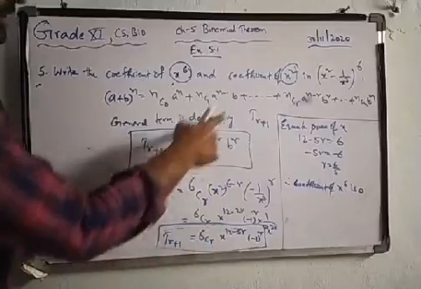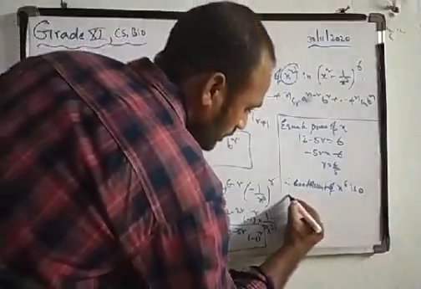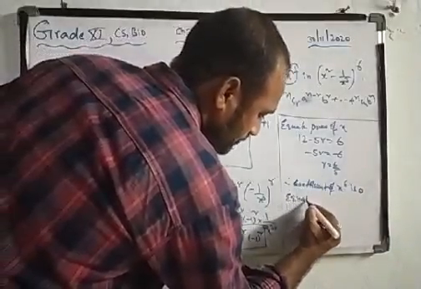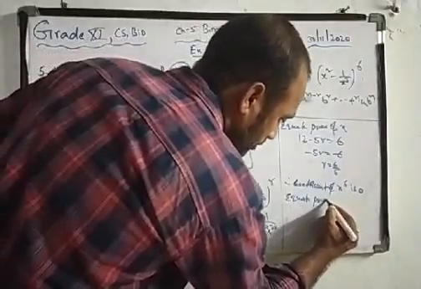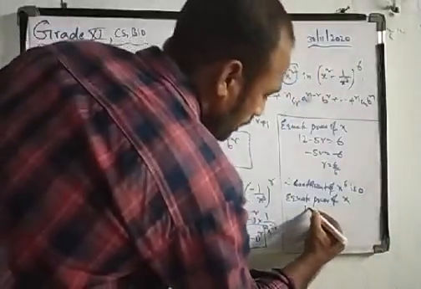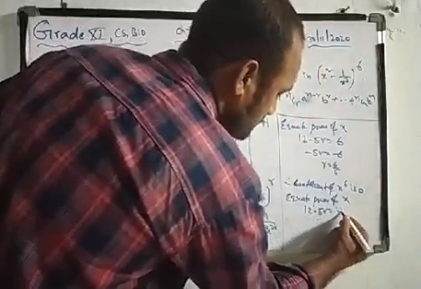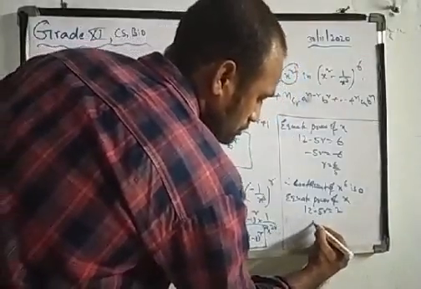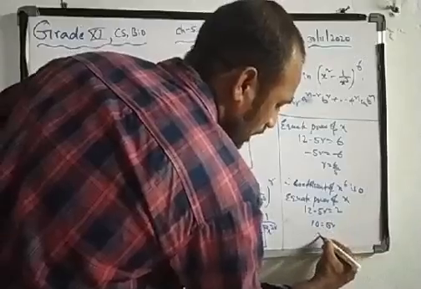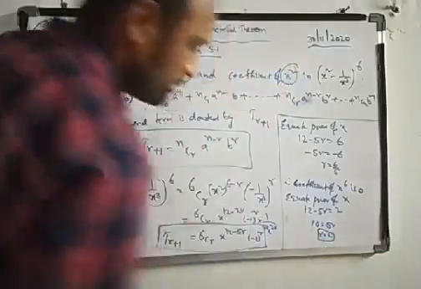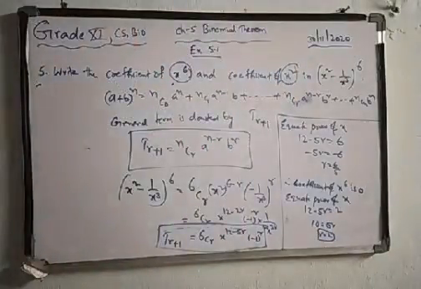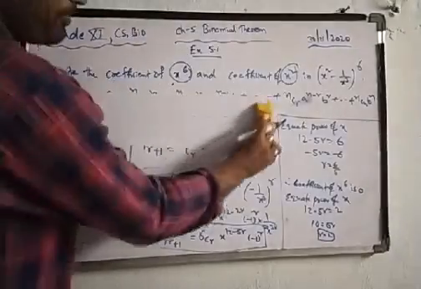Similarly, in order to get the coefficient of x square, equate the powers of x. Equate the powers of x, that is 12 minus 5r is equals to 2. So 10 is equals to 5r, r is equals to 2. So we need to substitute r value as 2.